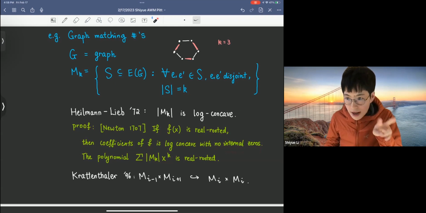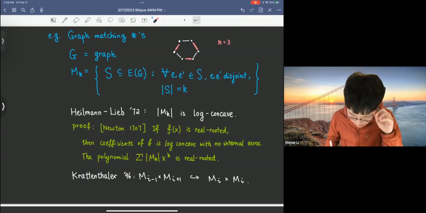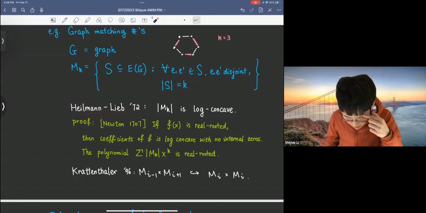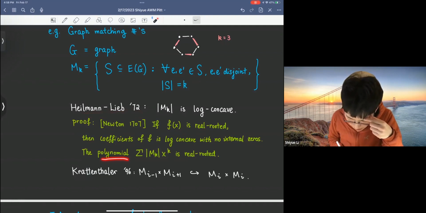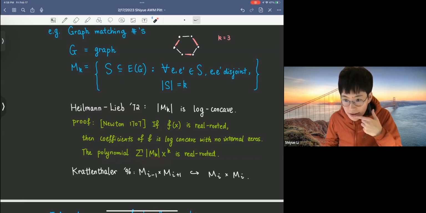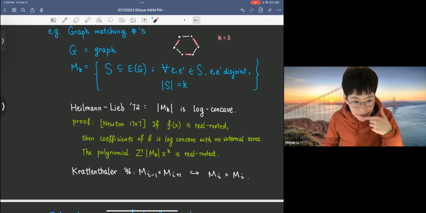That means if you have two items that are non-zero, then they cannot sandwich a number that's zero. The content of this 1972 proof is that the generating polynomial of this graph matching number is real-rooted. So that implies that this sequence is log-concave.